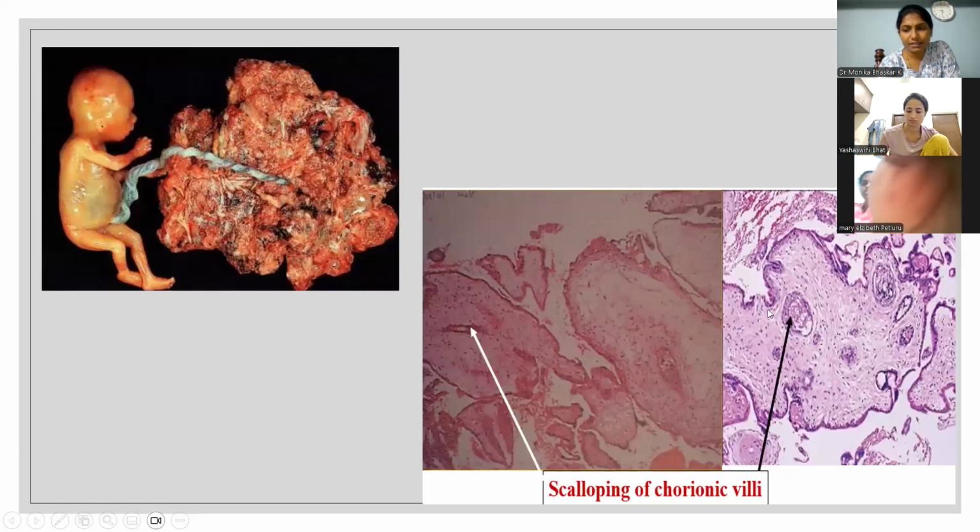And here, instead of diffuse proliferation, we can see only some focal proliferation of the trophoblastic tissue. This is called scalloping of the chorionic villi. There are cystic spaces in the placenta, and it's also called a Swiss cheese placenta.